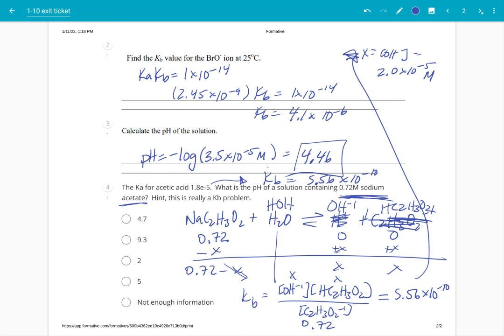If I take a negative log of that, that would give me the pOH. So the pOH would be 4.7. And then you could solve for the pH is 14 minus that number, which is 9.3. So that is how you would do that kind of Kb problem. That's very typical of what you'll see in the AP world.